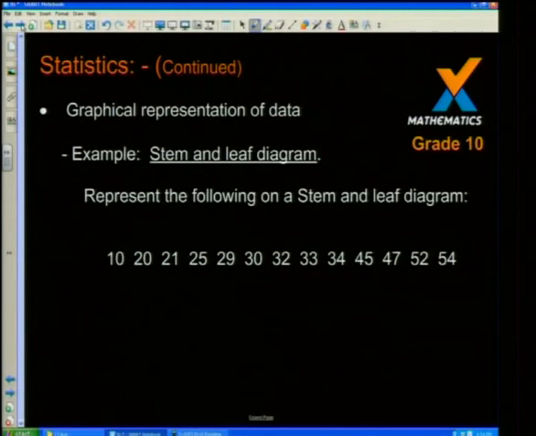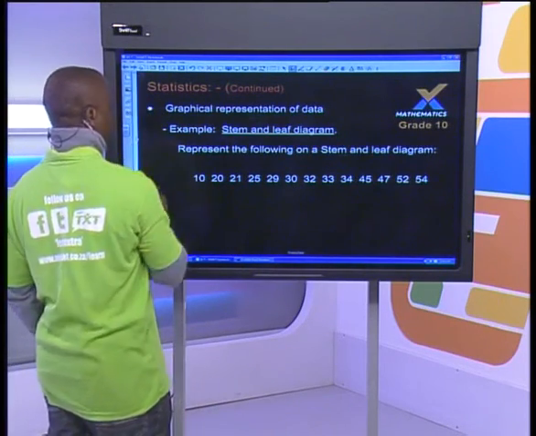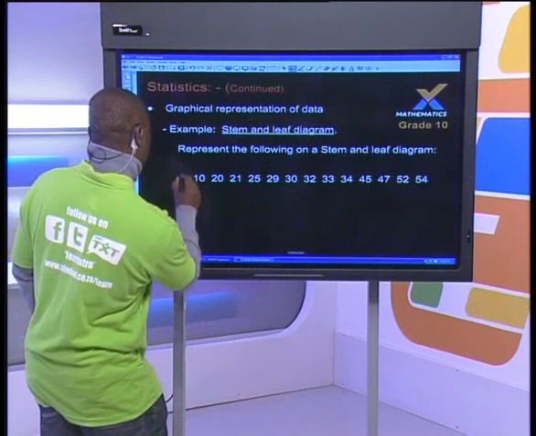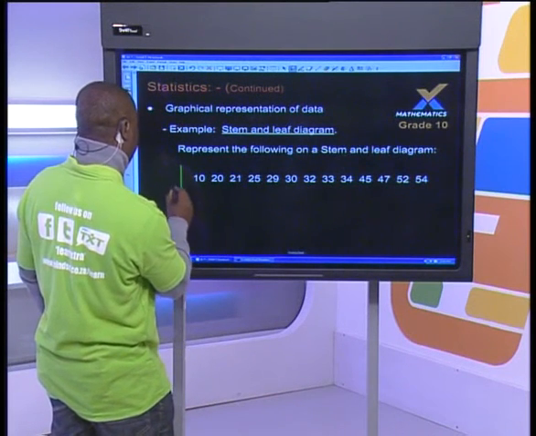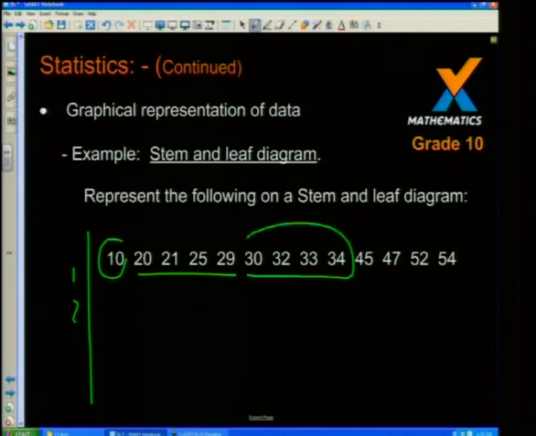Then we can move on to the next type of representation, which is called the stem and leaf diagram. You basically take your data, and in doing the frequency diagram, you put the starting digits, 1, 2, 3, 4, 5, at the starting point, and you write the numbers that follow.